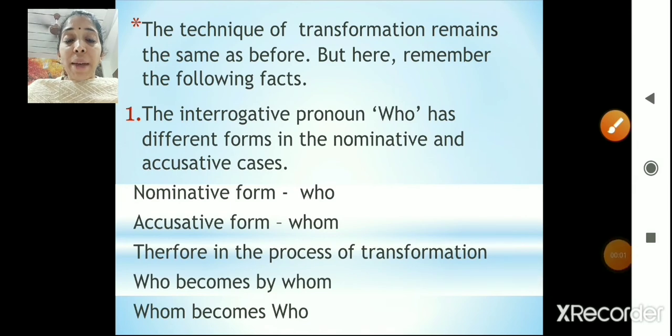Let me give you an example. In the nominative form, we use who. So the example will be, who will pay your fees? And in the accusative form, by whom will your fees be paid? So this way, in the process of transformation, who becomes by whom and whom becomes who.